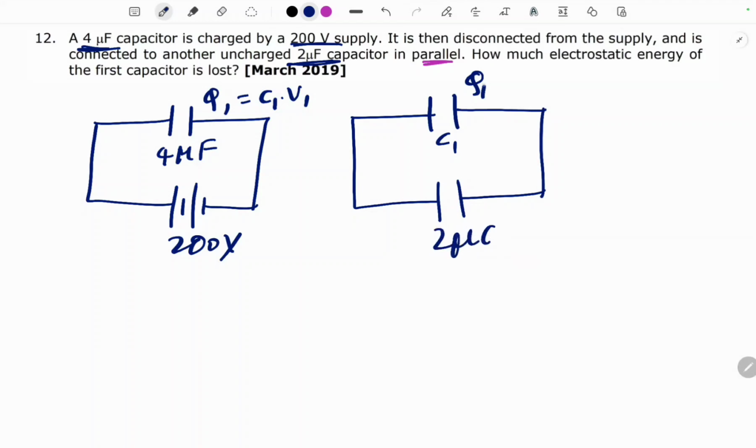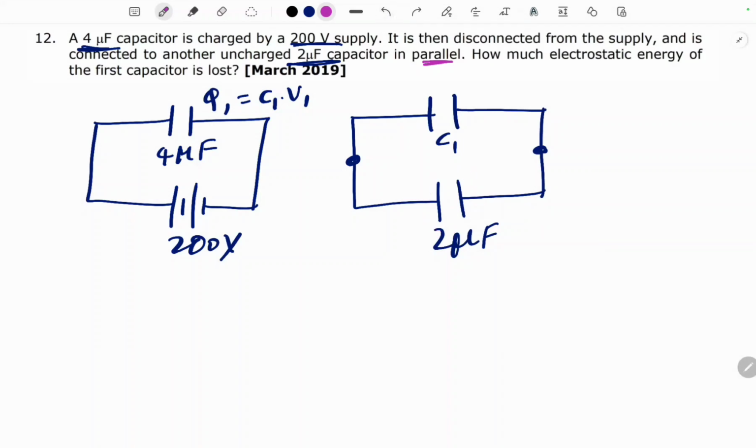Then there will be a distribution of charges here. A few charges will come to this particular capacitor also.